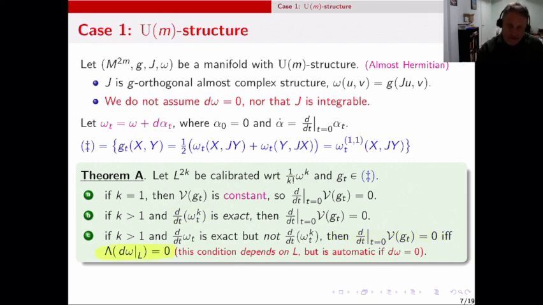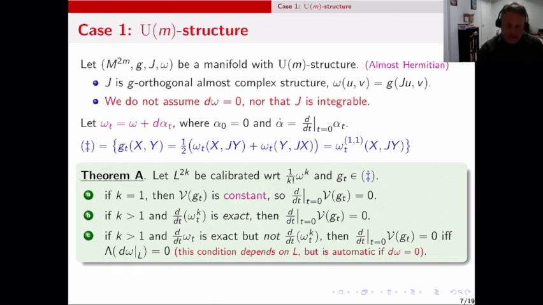We take d of omega, we restrict it to the submanifold L, and then we apply the map lambda, which is the adjoint of wedge product of omega restricted to L. So this lambda is the adjoint of wedge with omega restricted to L. Okay, this is the typical notation used for this operator on a manifold with a UM structure.